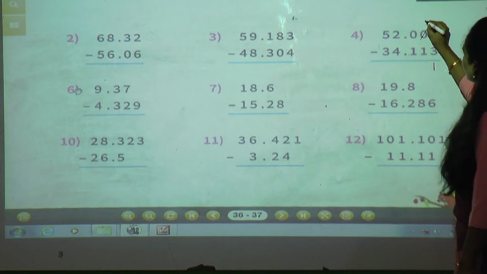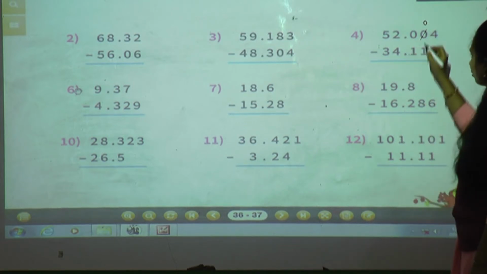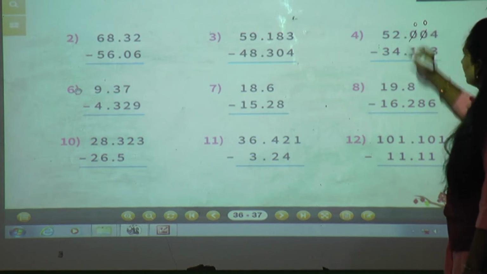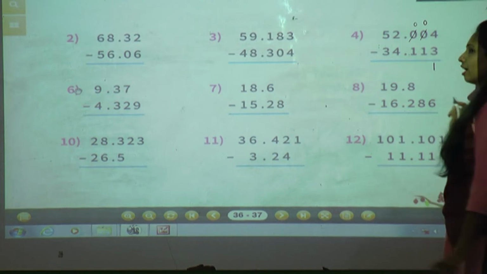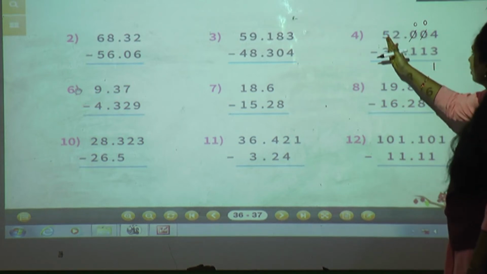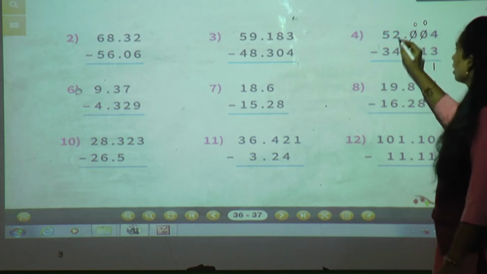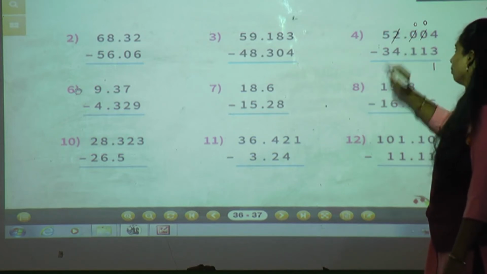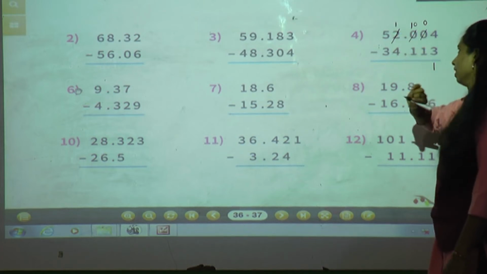So cut the 0, write it as it is. Take a borrow from the neighbor. The neighbor also doesn't have any. So cut and again give 0. See, if there is no number available after the decimal point, you can go to the ones place also. You can take a borrow from the ones place. So ask ones to give the borrow. Ones has 2, he will give 1 here, 1 will remain.